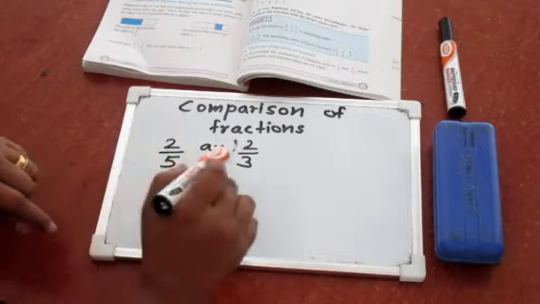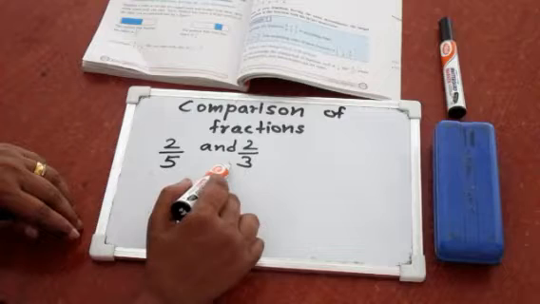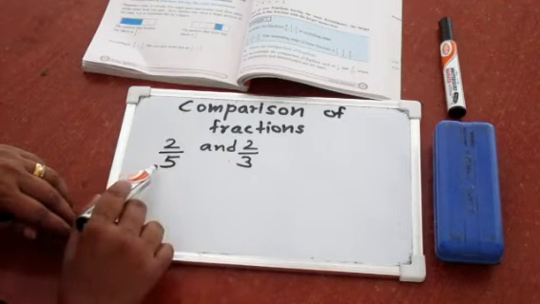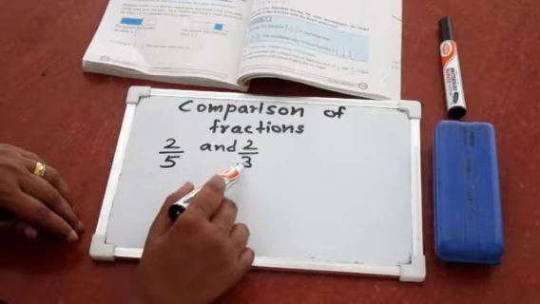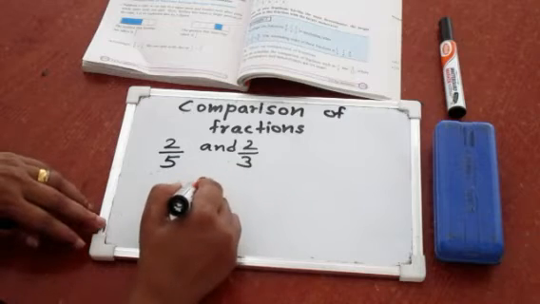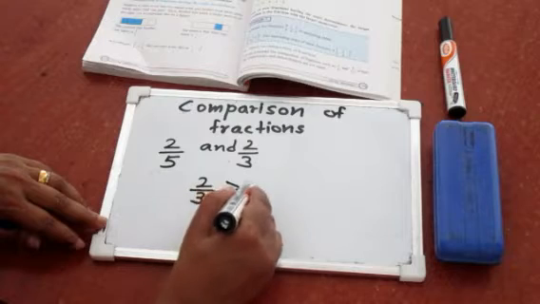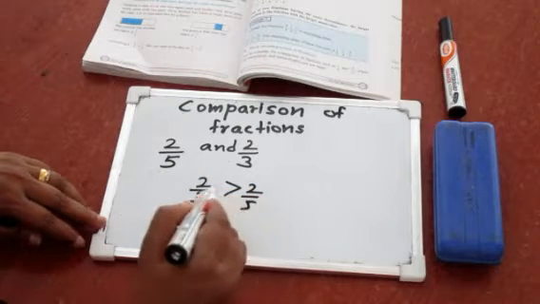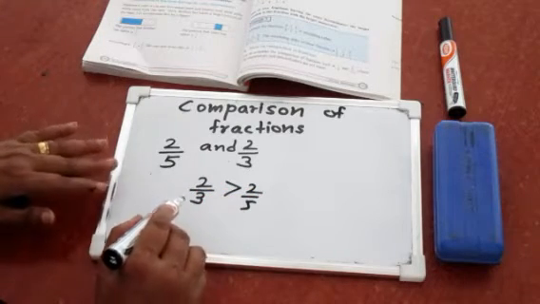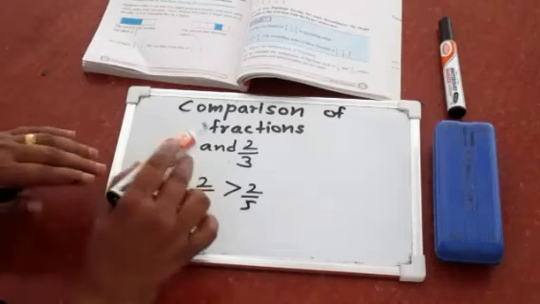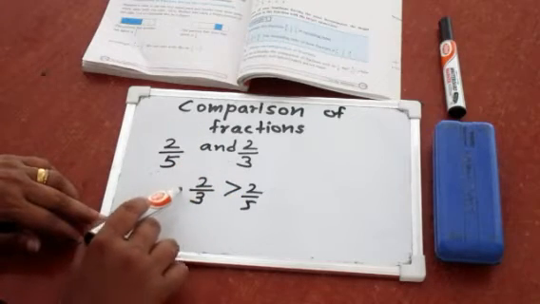Then the largest fraction has the least denominator. The least denominator out of 5 and 3 is 3. Therefore 2 over 3 is greater than 2 over 5. When we compare fractions having the same numerator, the largest fraction has the least denominator.